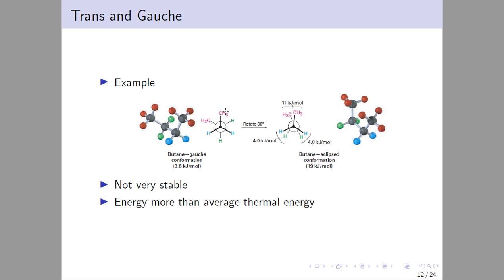You can see CH3 and CH3 seen from the front, along the C axis. It will rotate 60 degrees and take 4 kilojoule per mole, to become CH3 trans. This one is 3.8 kilojoule per mole, and 19 kilojoule per mole. So this is the probable position or direction of this molecule.